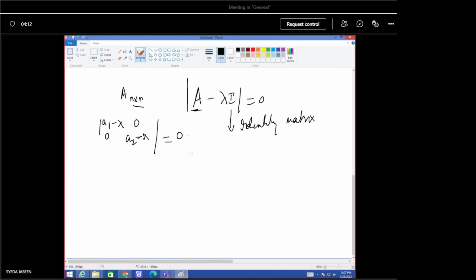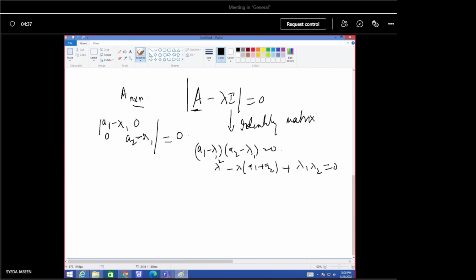A1 minus lambda into A2 minus lambda is equal to 0. So this will obviously give a polynomial like lambda square minus lambda into (A1 plus A2) plus A1 A2. Let us take lambda so that we can understand what the eigenvalues are.